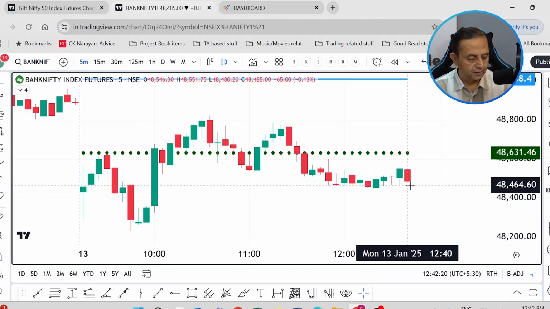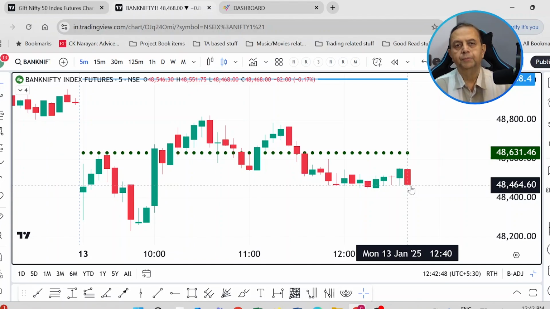So if that is the case, then the markets will continue to plow down a little lower, because immediately there is no support zone. And if we were to break this 48,000 level now, or something like 48,300, which we saw in the morning, I think we will have a further decline of about 1,000 points or more in the Bank Nifty, and that might trouble people a little more also.